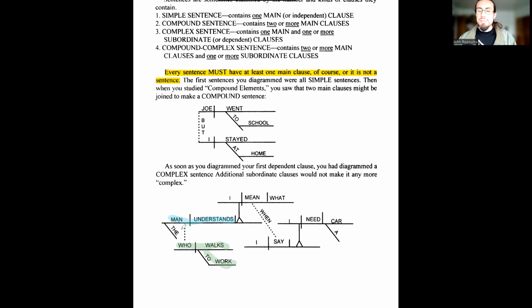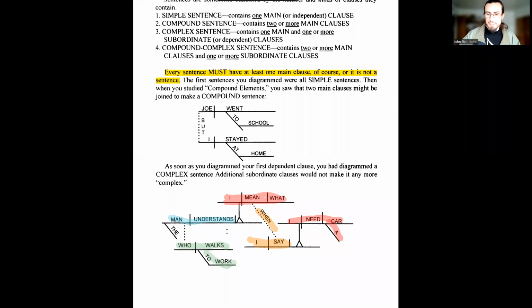The man who walks to work understands what I mean, noun clause, what I mean when I say I need a car. All right, when I say, adverb clause. When I say I need a car, another noun clause. I need a car. All right.